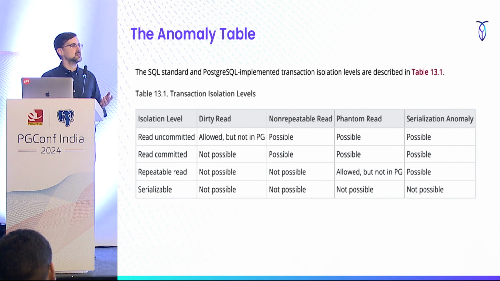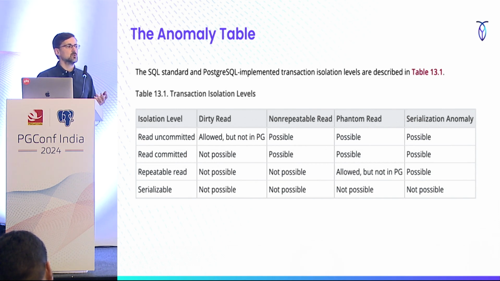So read uncommitted is the only isolation level where dirty reads are possible. Every other isolation level prevents dirty reads. Read committed isolation prevents dirty reads, but it can allow non-repeatable reads. Repeatable read, as you might imagine, makes sure that your reads are repeatable, but it can still allow other anomalies, including phantom read.